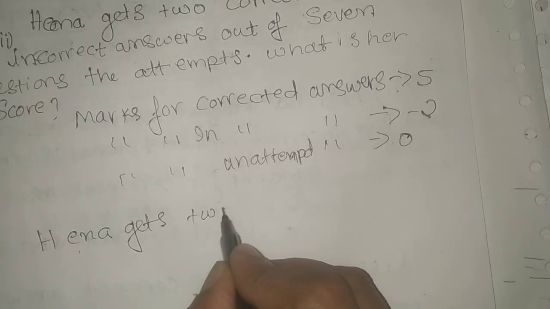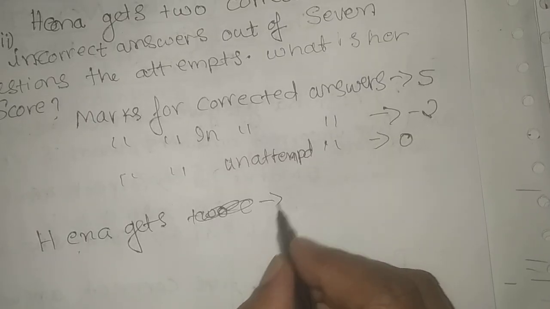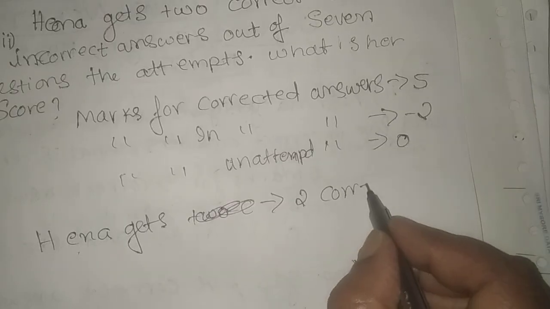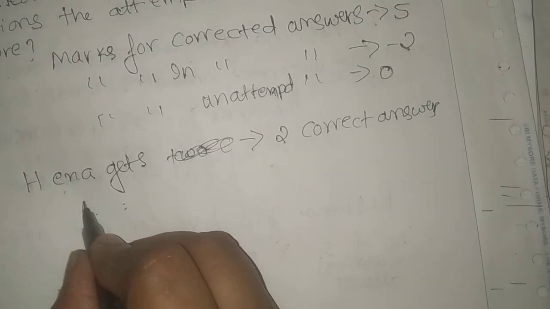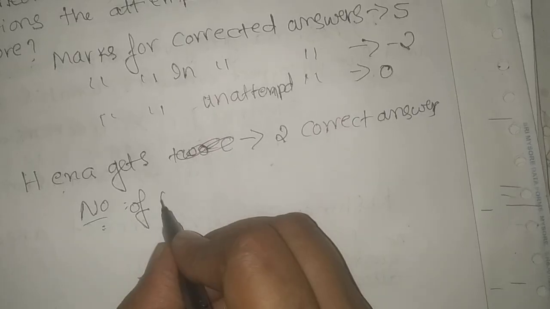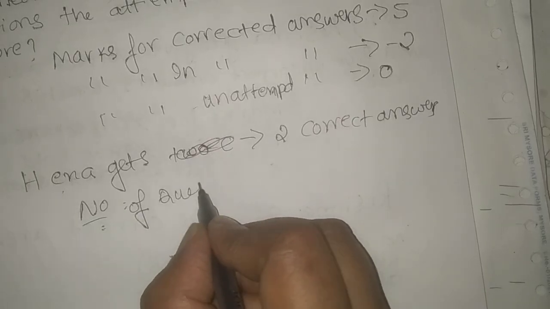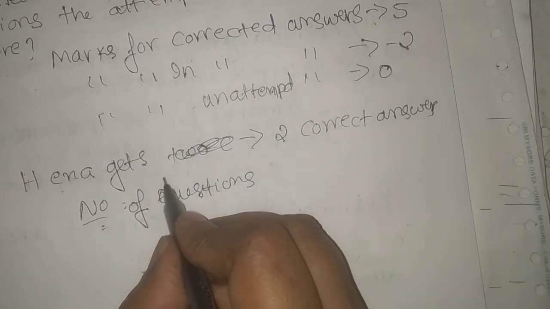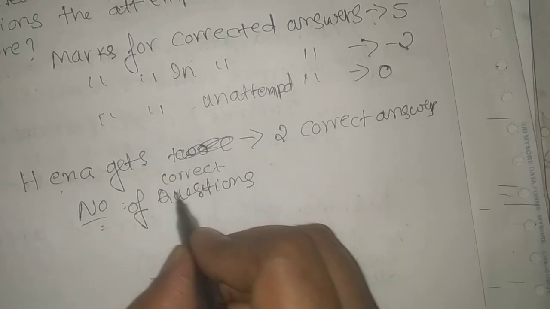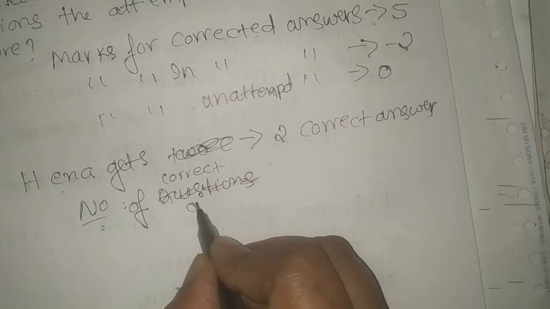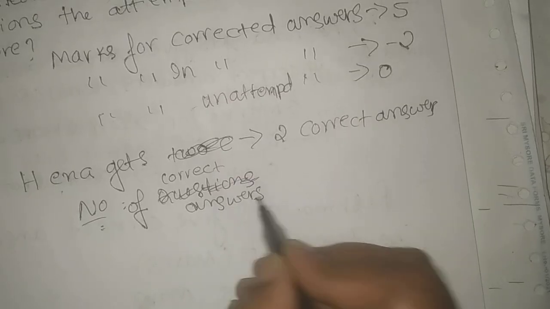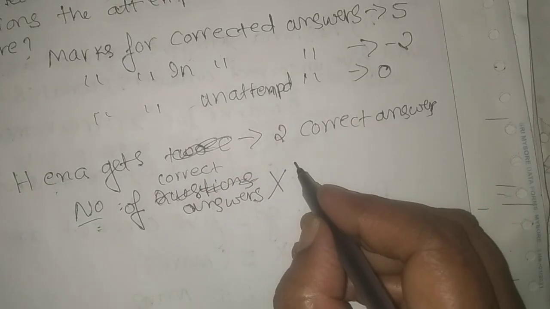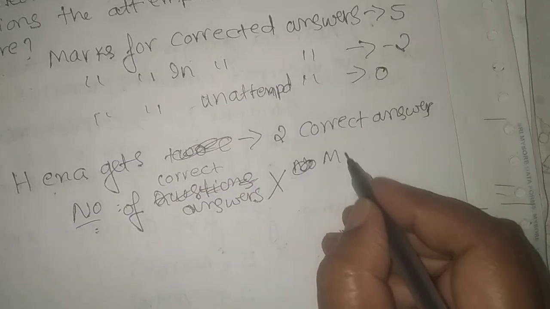Ina gets 2 correct answers. So 2 correct answers is the number of correct answers, multiplied by the marks obtained.